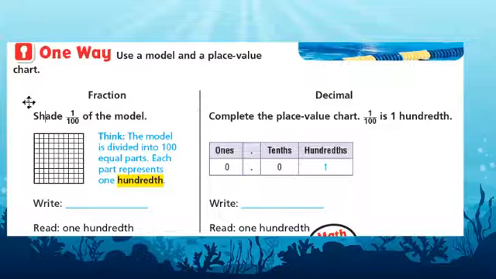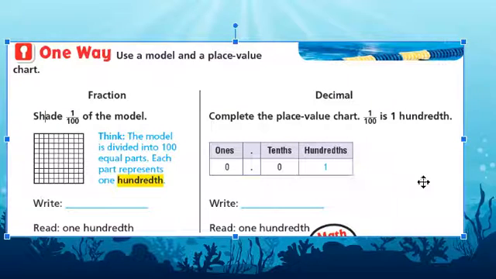There's a pretty big hint right up at the top here. Once you have completed that, come on over to our decimal side of things, and you'll see that they already gave you the answer of where that 1/100th would be if you were to write it, and they just want you to practice rewriting it just like this.